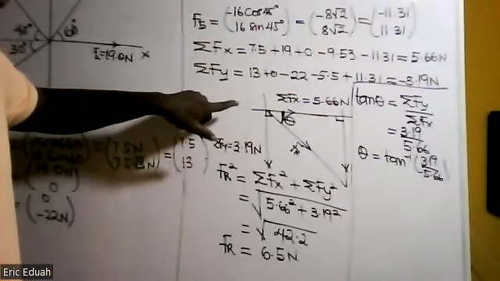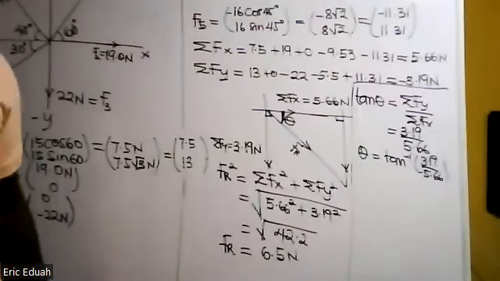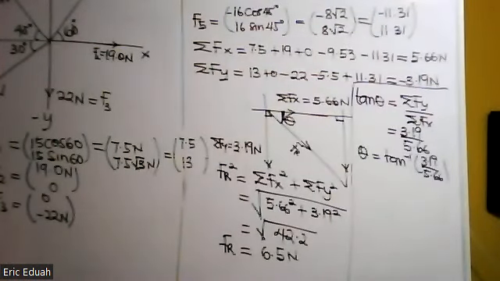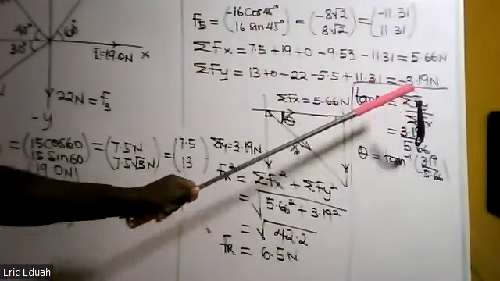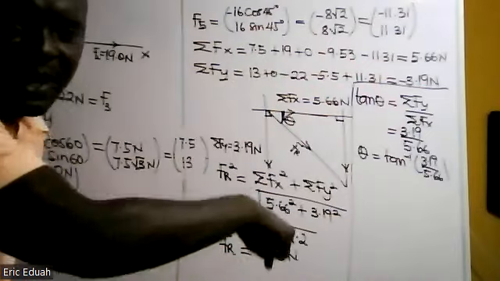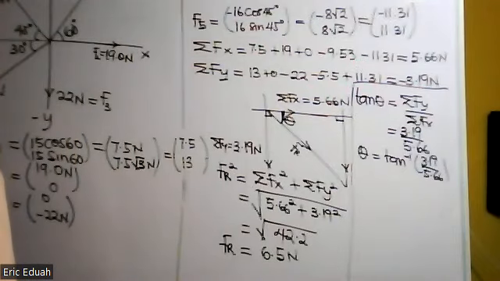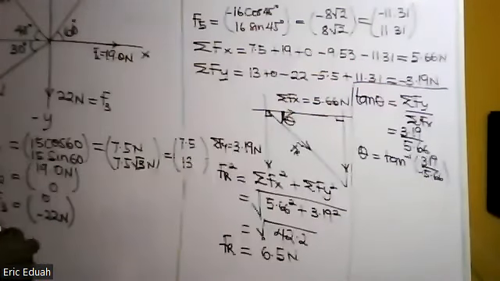Because we got a negative. Is that okay? Yes, please. Because we got a negative, that's why we realized it will be here. And so this takes care of the direction, so you don't have to repeat it.